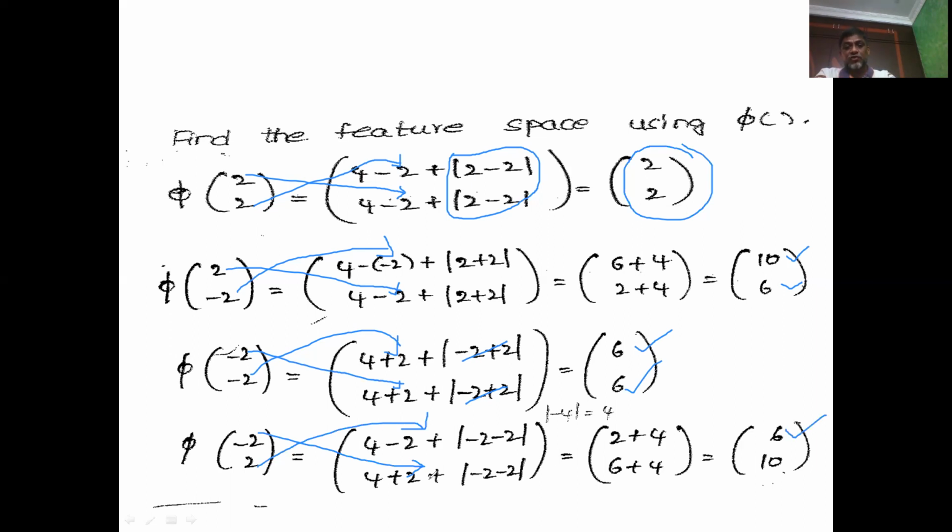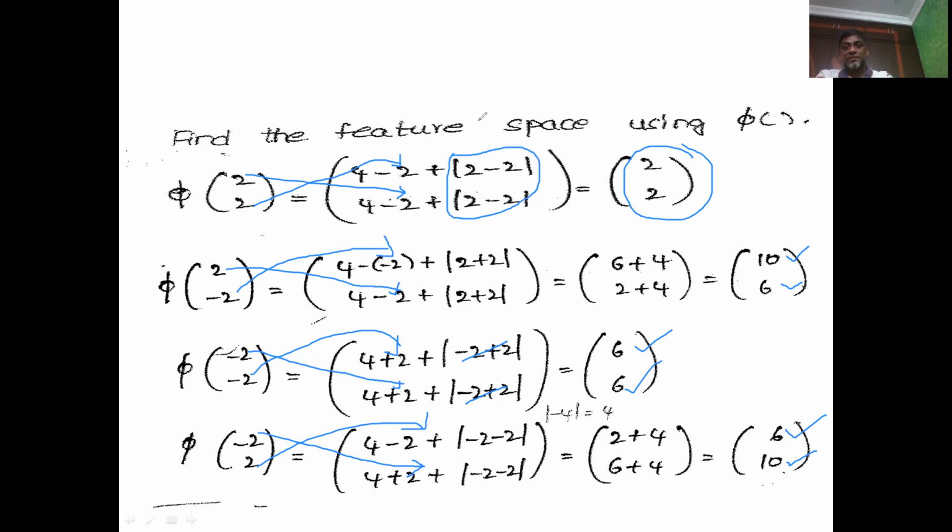And 4 plus 2 is 6 plus minus 2 minus 2 is minus 4, but there is an absolute value here, so it becomes 4. 6 plus 4 is going to be 10. So this is the new position of minus 2 comma 2 in the feature space. So now we got four new positions for the original input space.